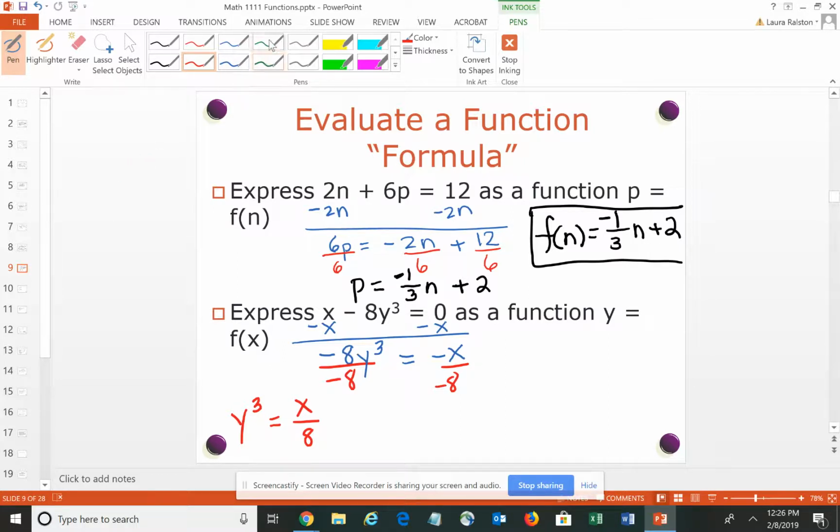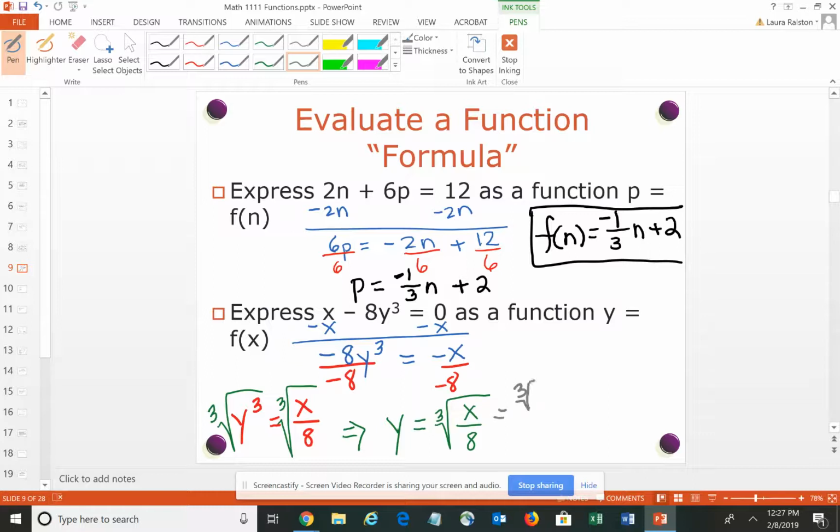Then I need to undo the cube. To undo the cube, we take the cube root of both sides so that I have y equals the cube root of x over 8. Now we actually can simplify that radical because you don't leave fractions under the radical. Okay, so I would break this apart.